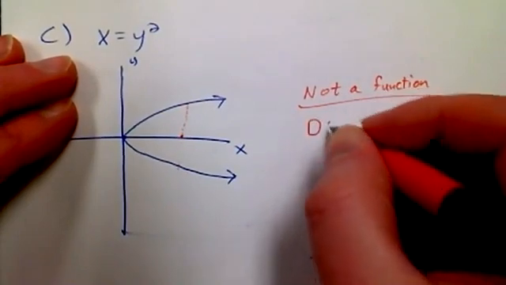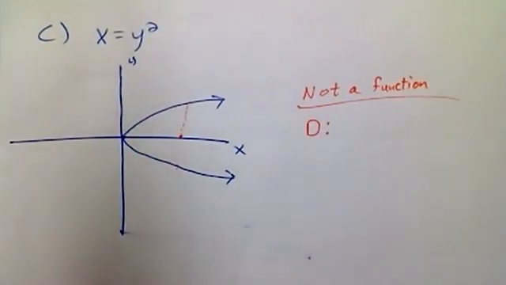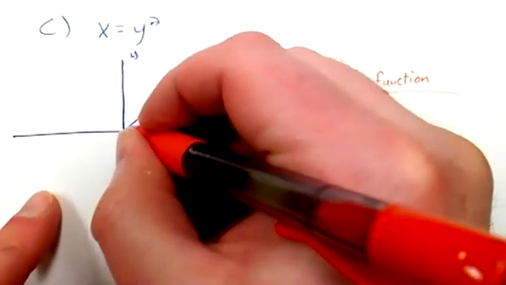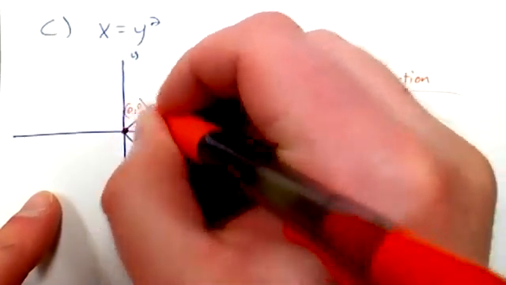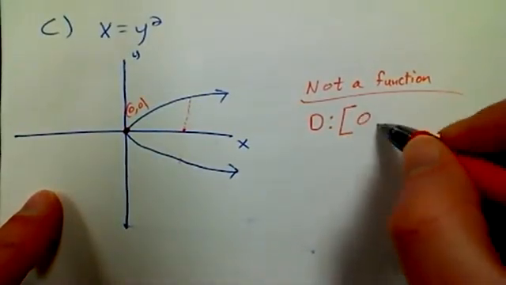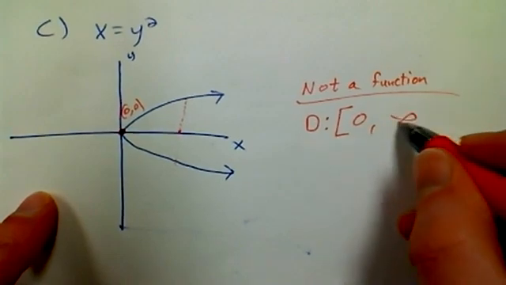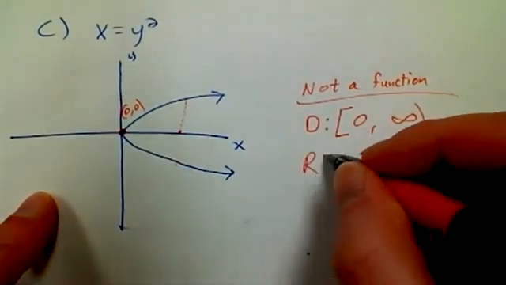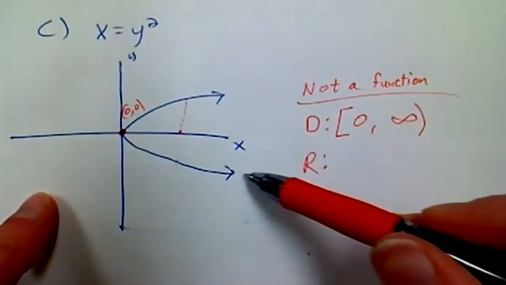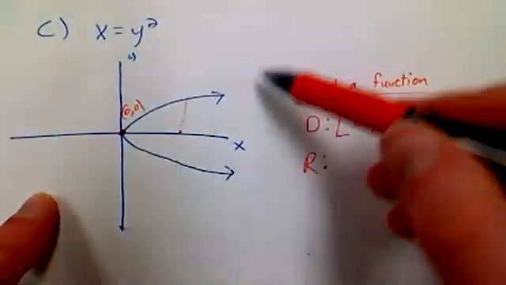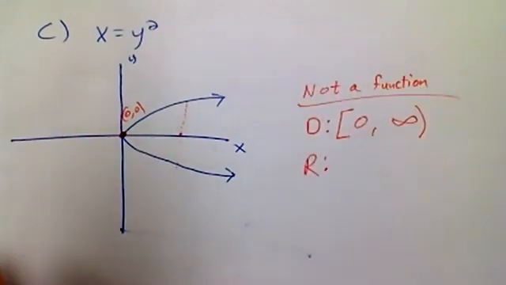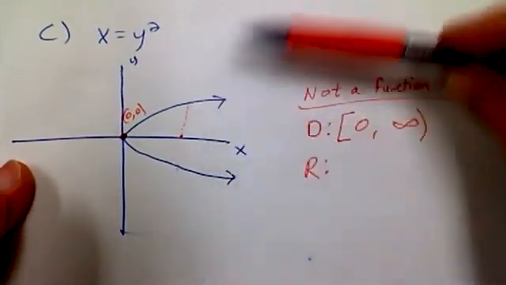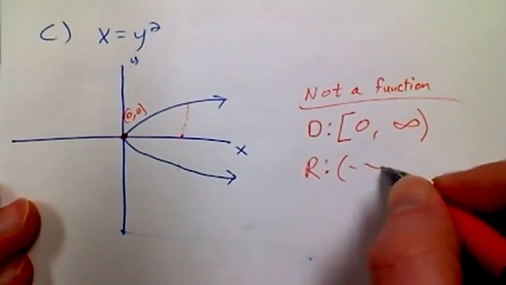Your domain, we're looking for all the possible x values, starts at x equal to 0, because this is the point 0, 0. I'll include 0, and I'll go to infinity, because it keeps going in this direction. Its range, okay, it's going to keep going down forever, going to keep going up forever. So I scan it bottom to top, looking at all the y values. That's all the y values.